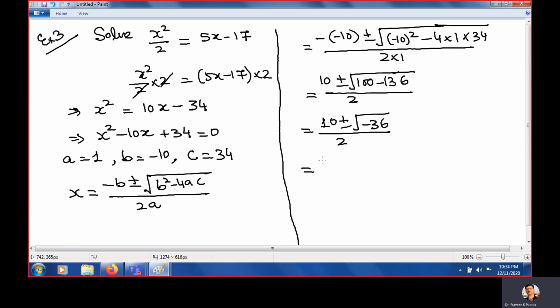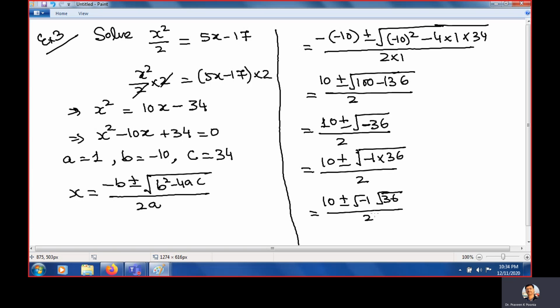And I told you, we learn in first week, second lecture, how to find the square root of a negative number. 10 plus minus, break this into two numbers, minus 1 and 36 upon 2.